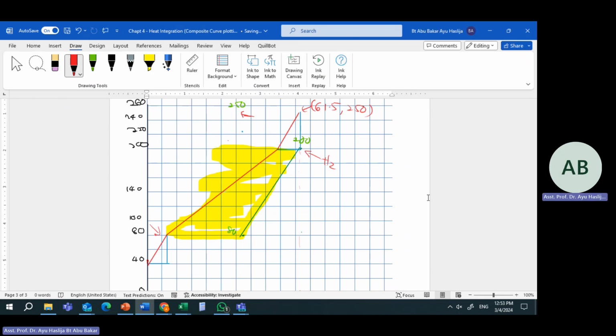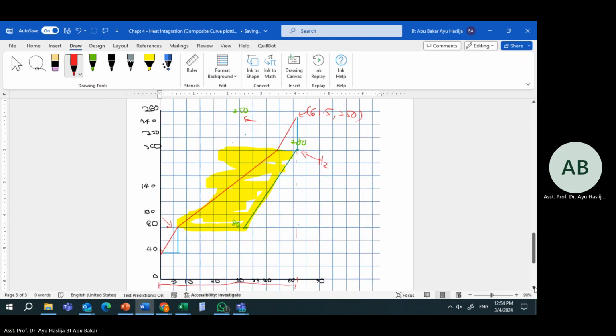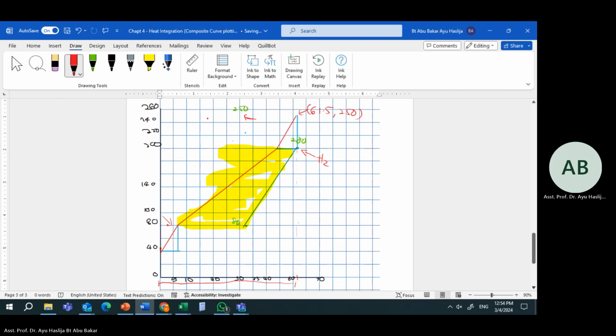Always check that your total distance, total enthalpy, must not exceed 61.5 for the combination of both, which is the T supply for H2.